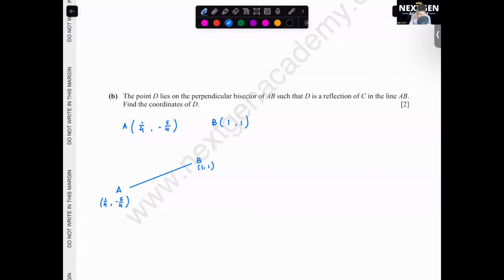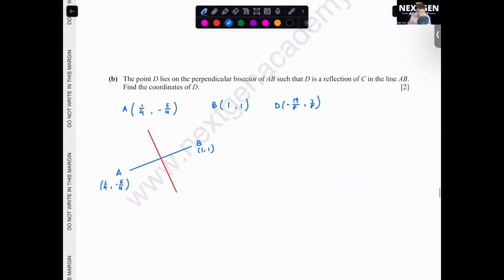Okay, they say point D lies on the perpendicular bisector of AB such that D is a reflection of C in the line AB. So if I were to draw a perpendicular bisector like this, let's say it's around here. Where is D? Just now we found the point is negative 19/8, 7/8.